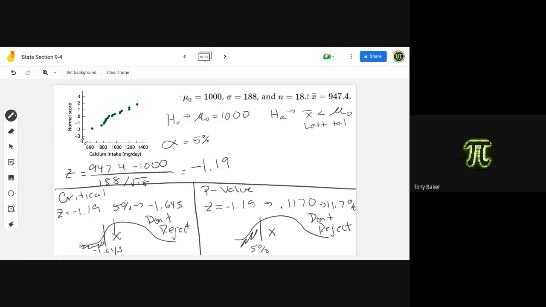So based on my sample, I cannot assume that the calcium levels are lower in this population.